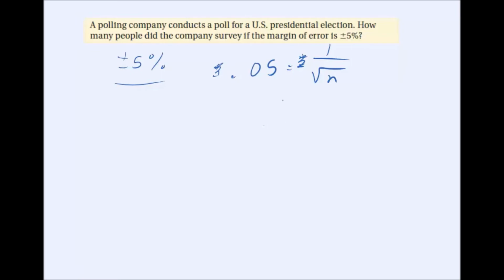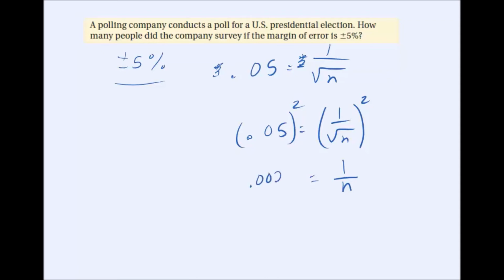Now we just need to solve for the square root of n. Let me rewrite this so it looks a little bit nicer. First we square both sides to get rid of that square root. So 1 squared is 1, the square root of n squared is just n, and 0.05 squared is 0.0025. Now we just need to solve for n. Because n's the denominator, we multiply both sides by n.